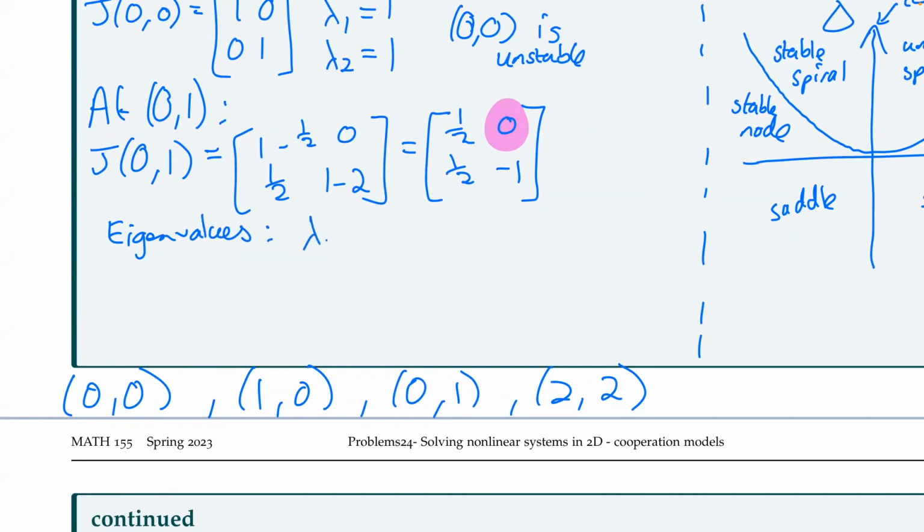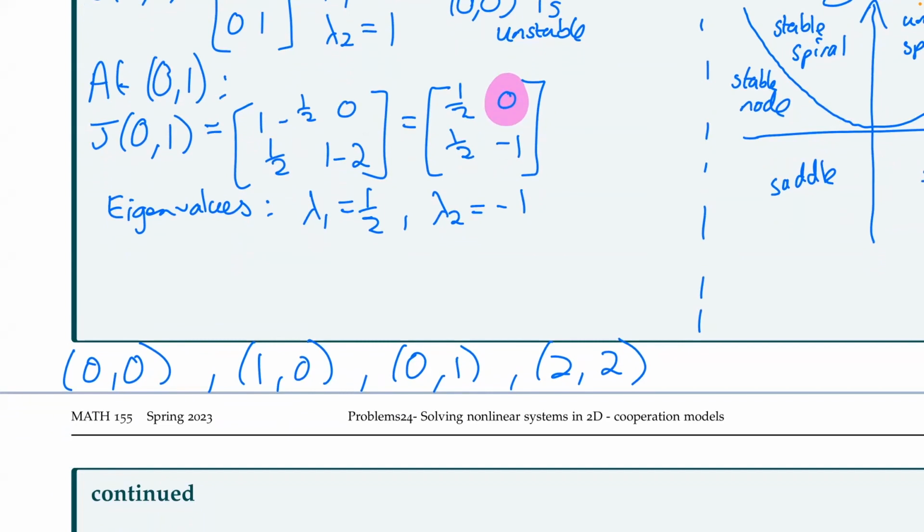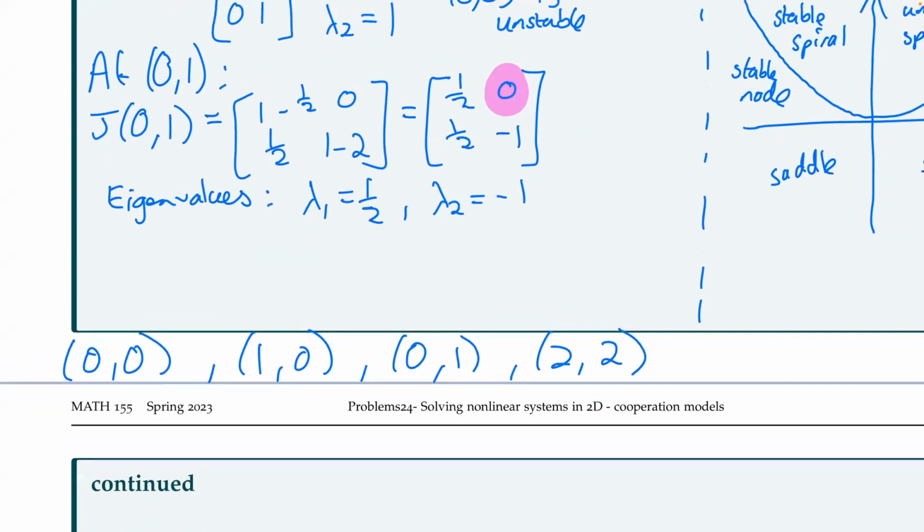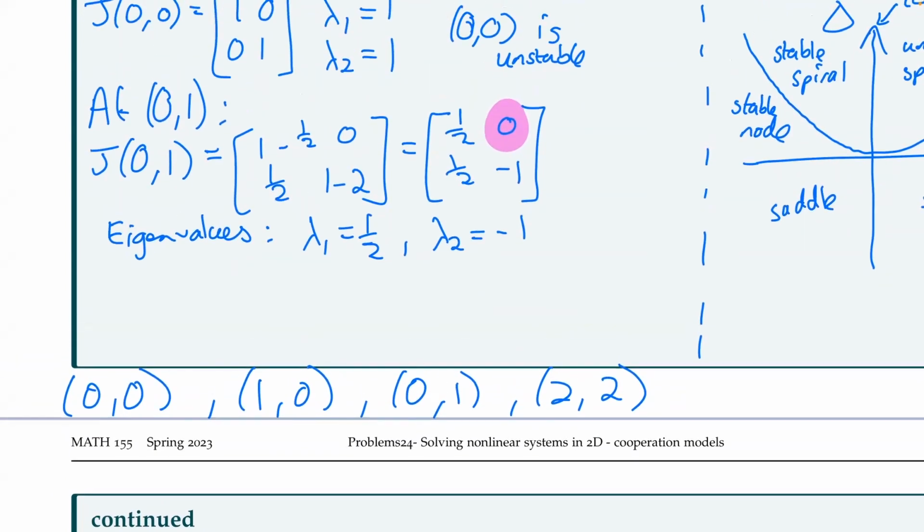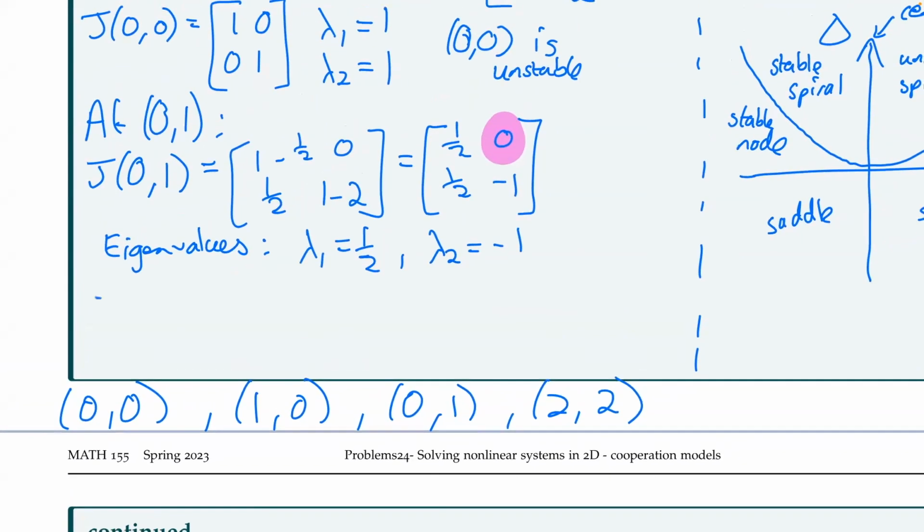Lambda 1 is a half, lambda 2 is minus 1. If one eigenvalue is positive and one is negative, that means you have a saddle.